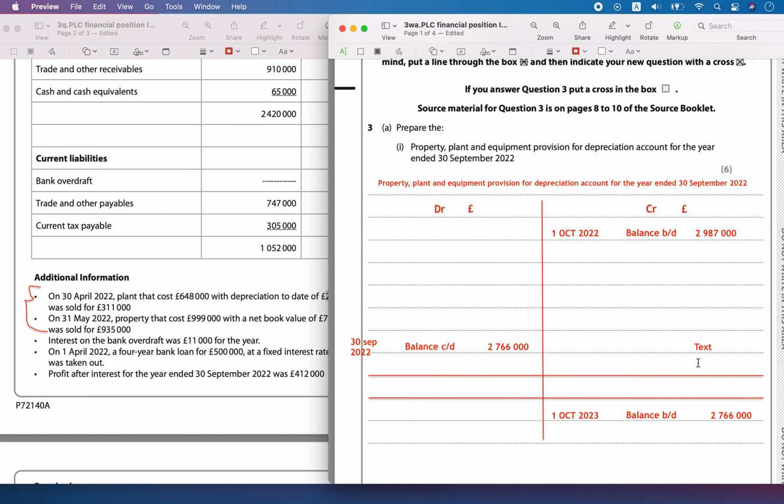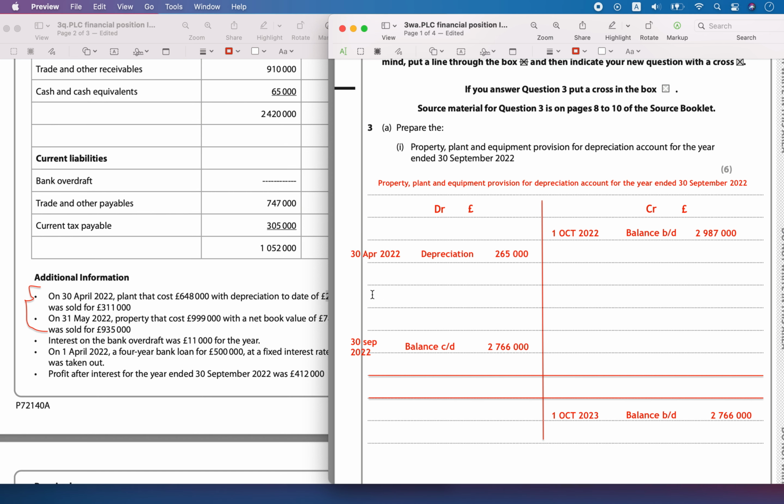So for the equipment sold on 30th April 2022, the accumulated depreciation is already directly given. It is equal to 265,000, so you can write it just like that.